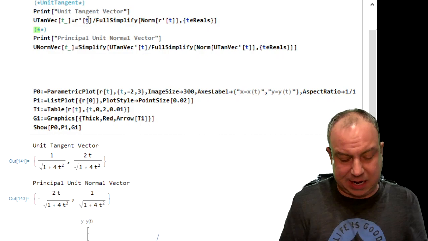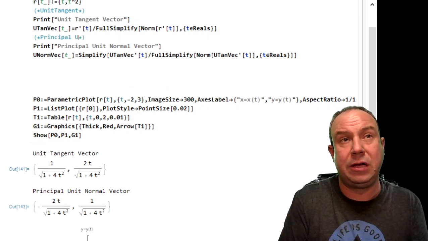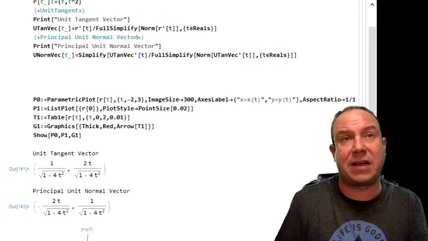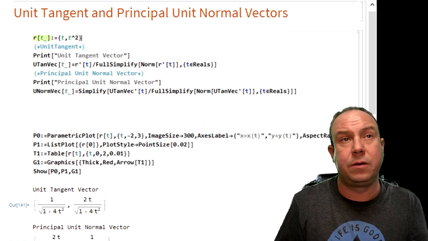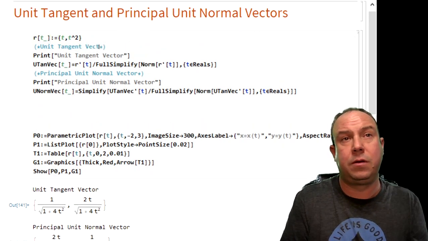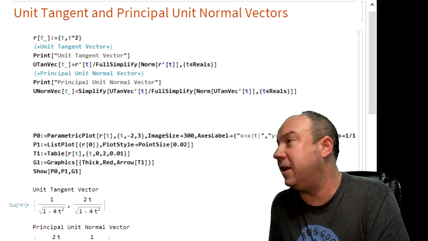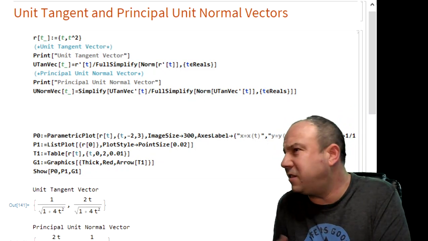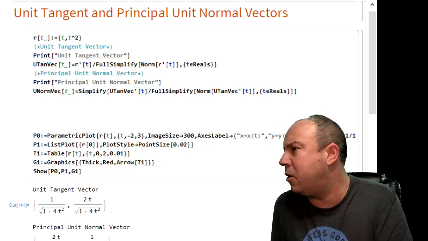And actually, let's highlight that here. Principal unit normal vector. And why get so anal here? But let's get that in there anyway, right? This is documentation. This is writing a code, folks.